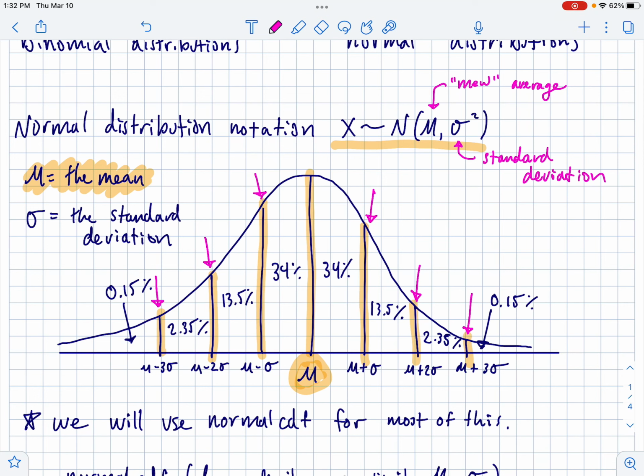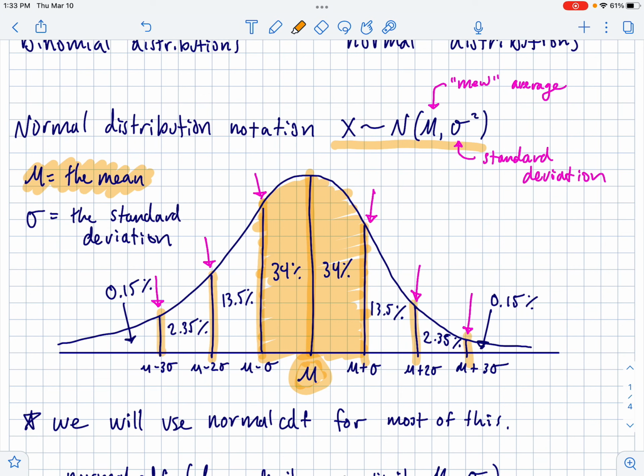Now, if something is normally distributed around a mean with a certain standard deviation, that means certain percentages of the data fall within certain standard deviations of the mean. So if somebody asked you what percentage of the normal distribution falls within 1 standard deviation below and above the mean, that is going to be 34 plus 34%, which is 68%.